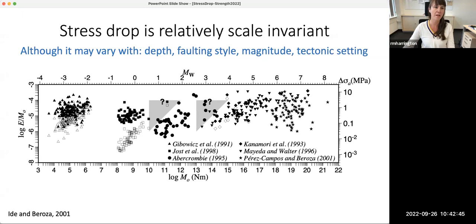And when they correct that, they do see a more or less constant value for stress drop across a broad range of magnitudes for earthquakes, and that potentially there is not this perceived scaling of stress drop with magnitude as we get down to smaller magnitudes.